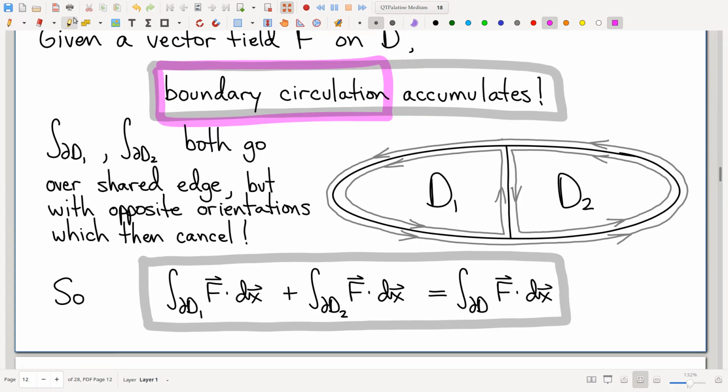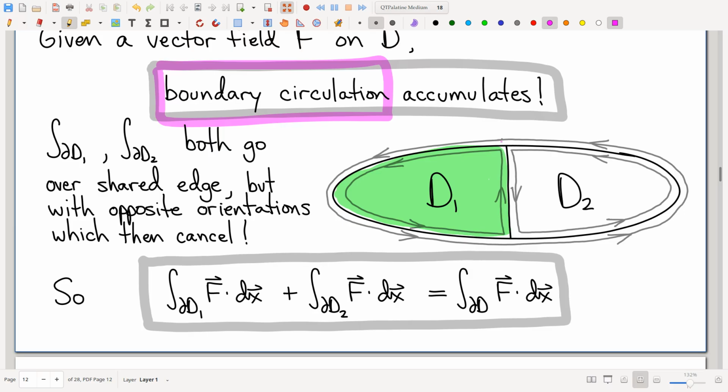We will start with what I'm calling D1 here, this region on the left. You'll see there's a larger region, and I've split it down the middle to create D1 and D2. You can see the accumulation scenario coming up. So there's my D1, and let's talk about the boundary circulation on D1. It means exactly what you would think it means.